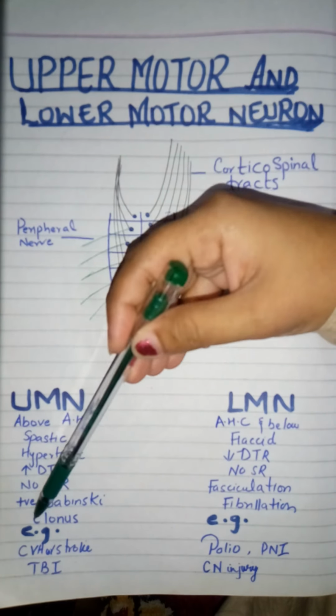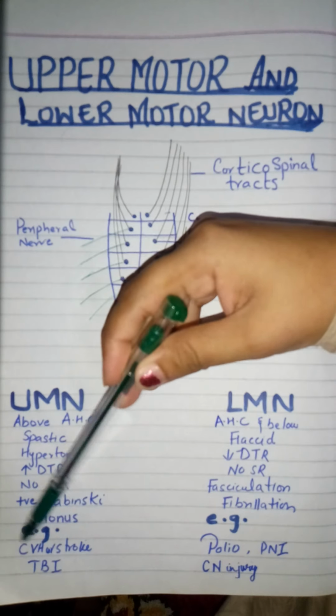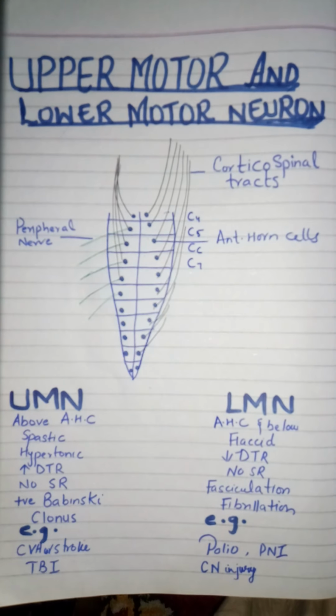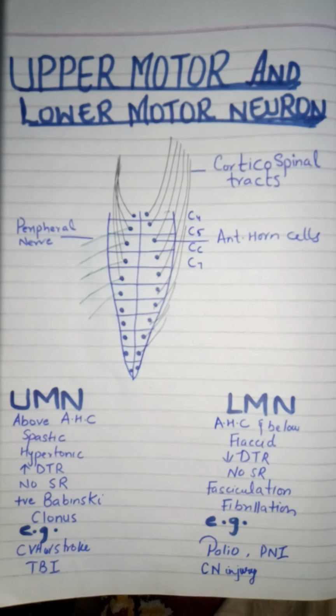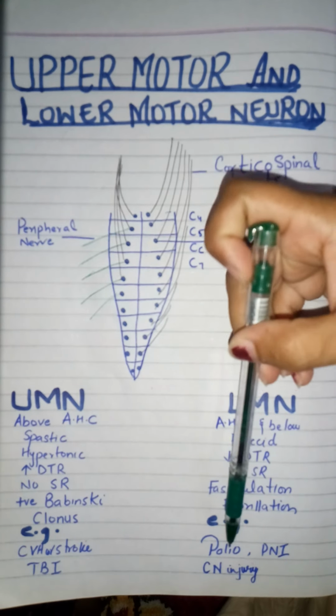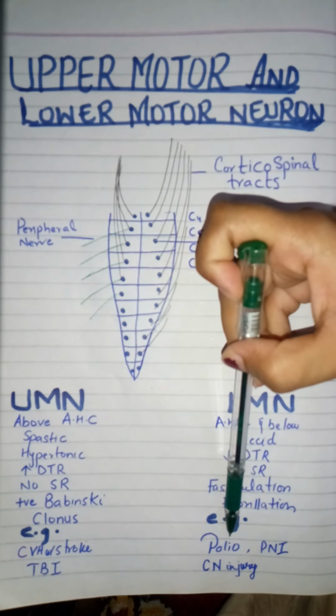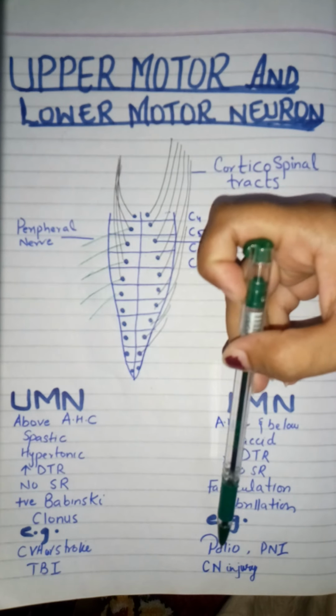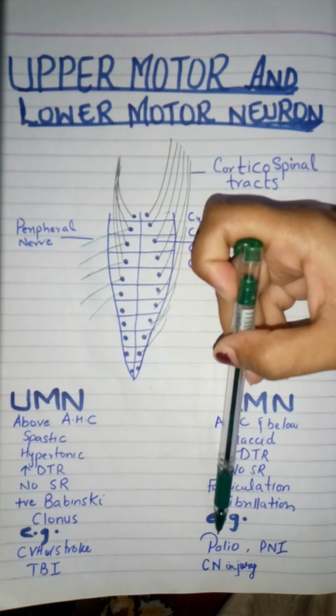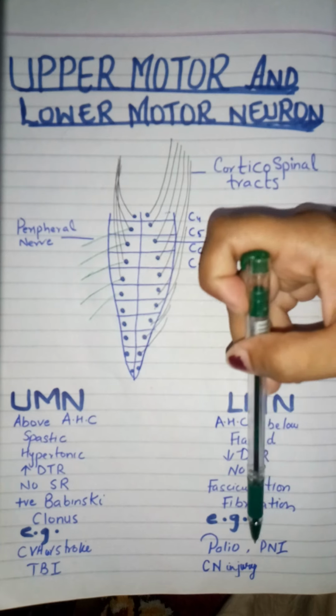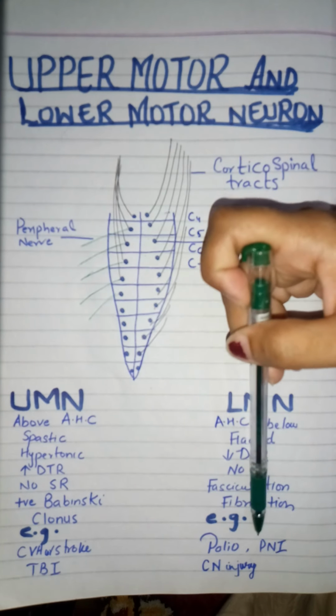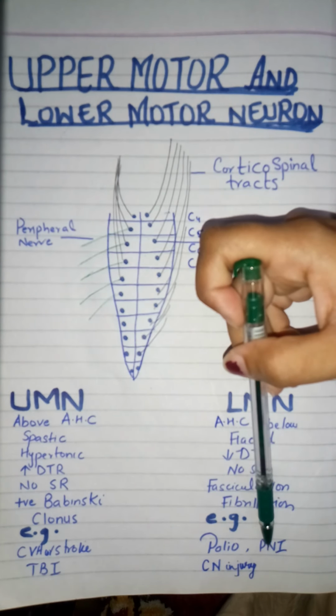I've also mentioned some examples. In upper motor neuron, cerebrovascular accident, stroke, or traumatic brain injury are included, because injury to the brain lies above the anterior horn cells. In lower motor neuron disorder, polio is included because in polio the anterior horn cells are affected. Peripheral nerve injury is also included, since peripheral nerves lie beyond the anterior horn cells.